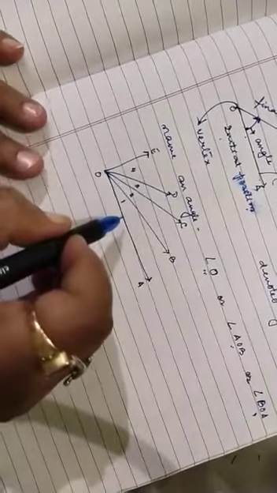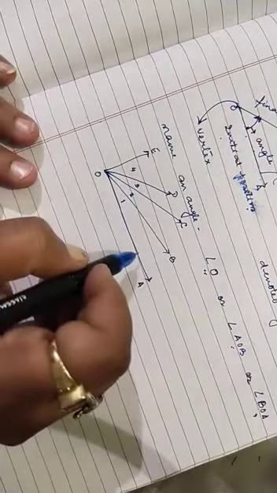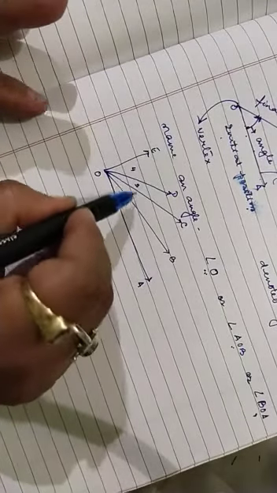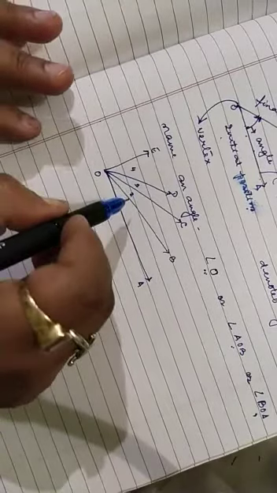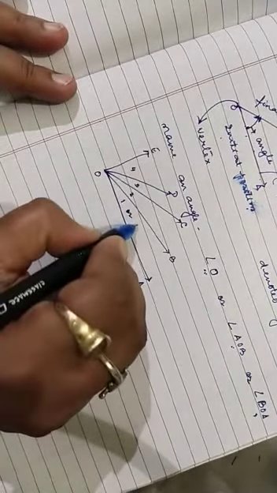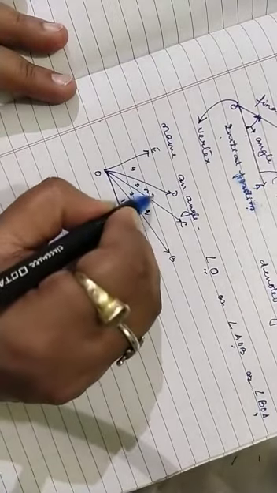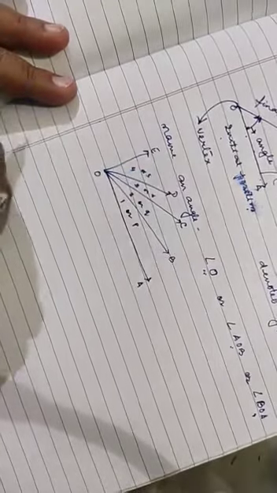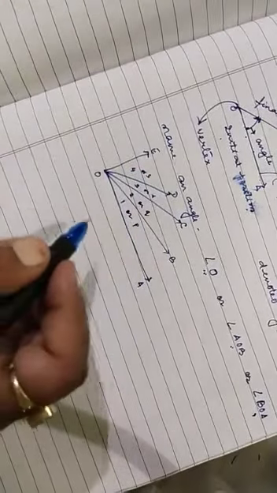When we have more than one angle in a figure, either we name them as 1, 2, 3, 4, or we name them with lowercase alphabets, such as P, Q, R, S.